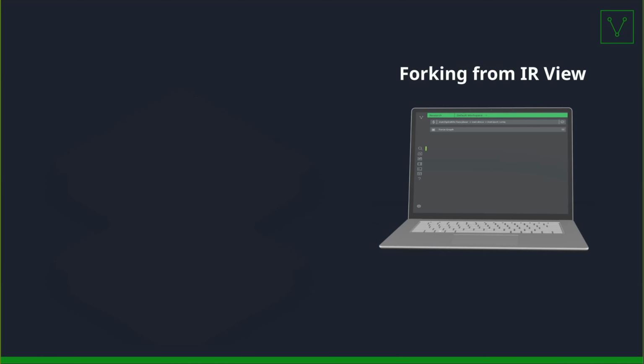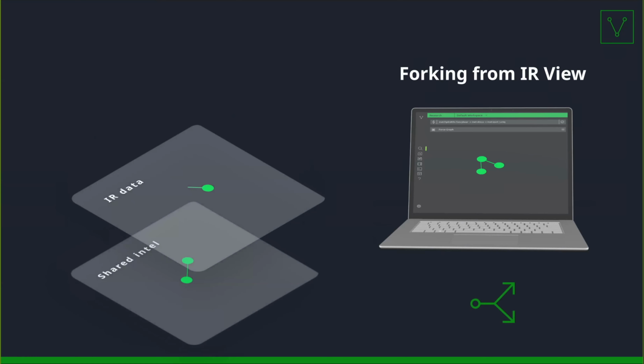So to create an isolated environment that we can work within, we can create a fork view of the IR view. When we create a fork, essentially what we're doing is creating a copy of the view that we're forking from. In our example, it will be the IR view.